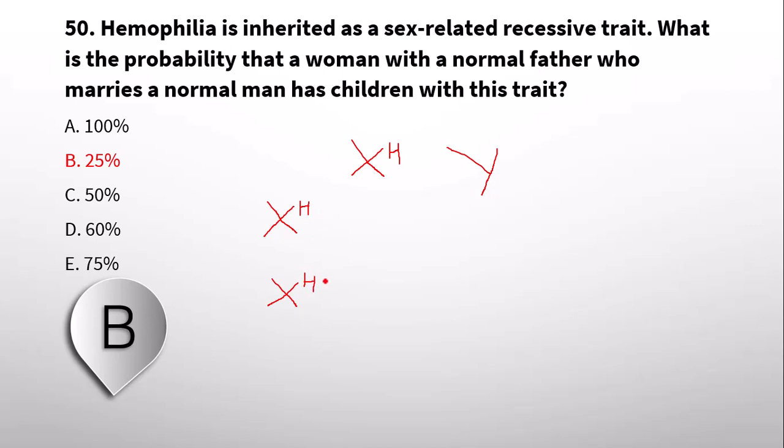Or here she could also be with small h. Let me just put it in brackets so I'm not writing a lot. So when we cross this, we have big XH and the same thing, big XH.